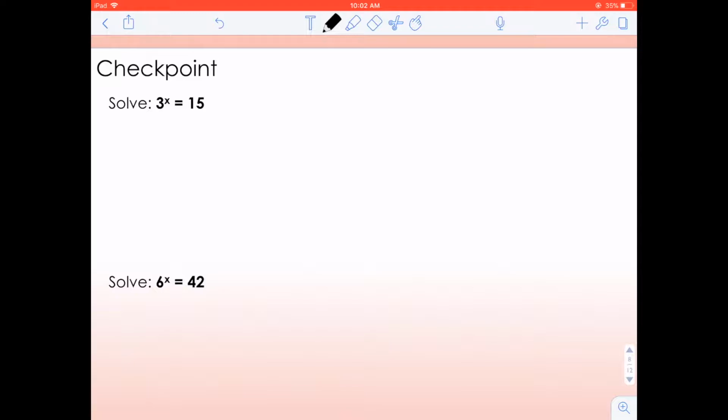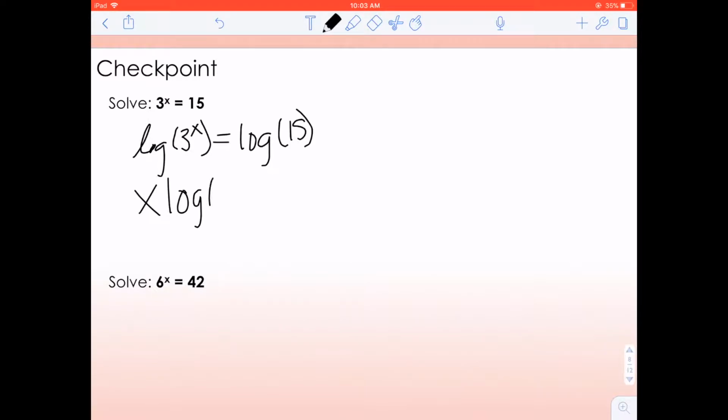Okay, so again, we're going to take the log of both sides. So log of 3 to the x equals log of 15. That gives us x times log of 3 equals log of 15. Divide both sides by log of 3.